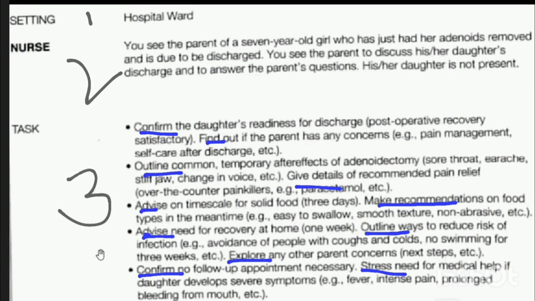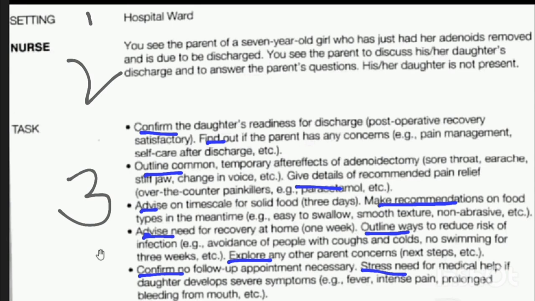And after that, the patient says like this, she needs a recovery at home for 1 week. The task is advise need for recovery at home 1 week. Outline ways to reduce risk of infection. Example is avoidance of people with cough and cold, no swimming for 3 weeks, etc. Explore any other patient concern.